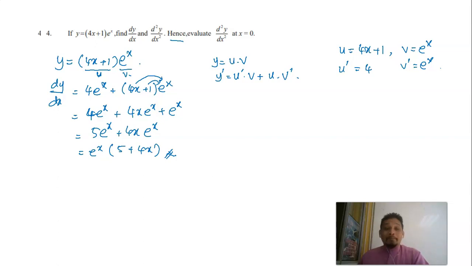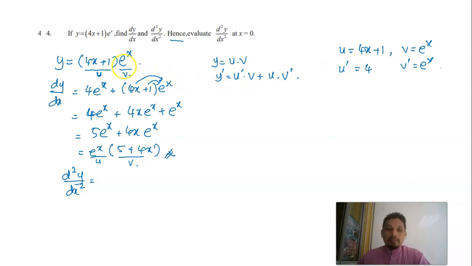Now we can differentiate again for the second time, the second derivative of y with respect to x. So right now this is our u and this is our v.